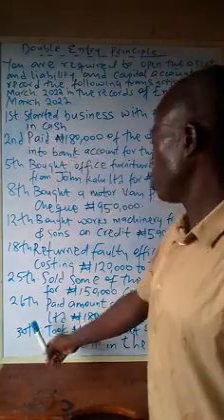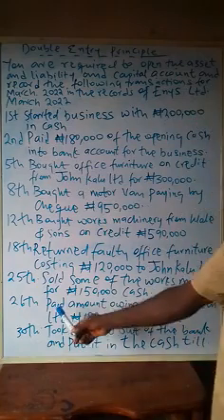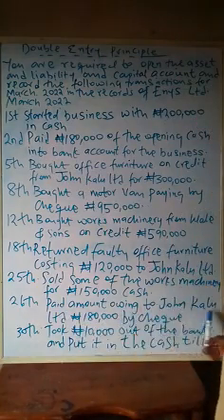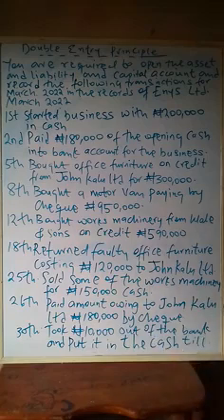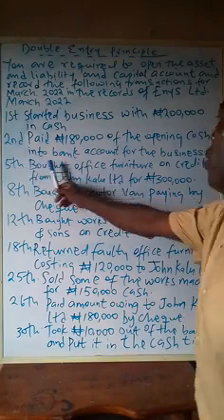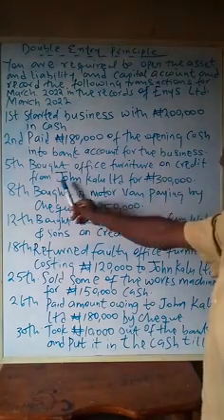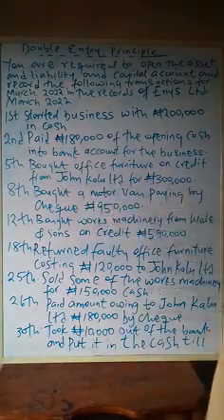On the 26th of March 2022, paid amount owing to John Kalu Limited, 180,000 naira by check. On the 5th, we bought office furniture on credit from John Kalu Limited for 300,000 naira.